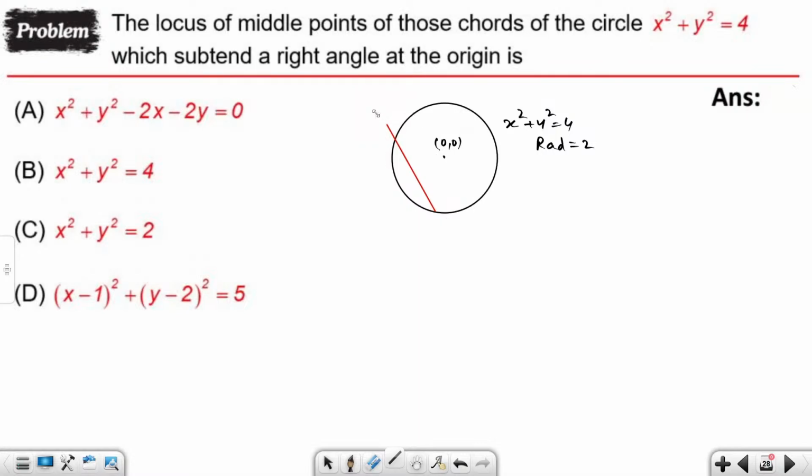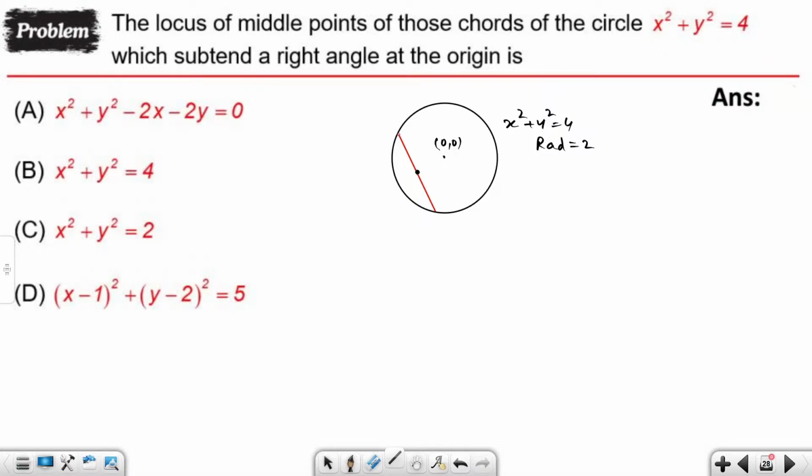You have to find the locus of the middle point of those chords which subtend an angle of 90 degrees at the origin.